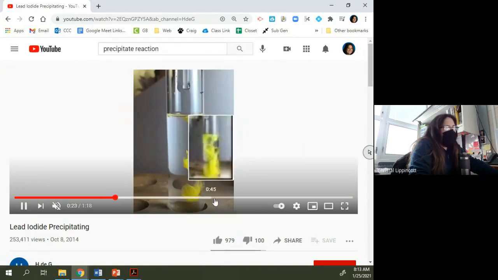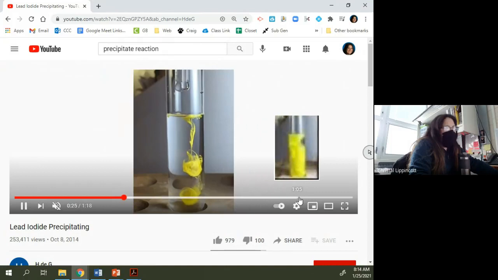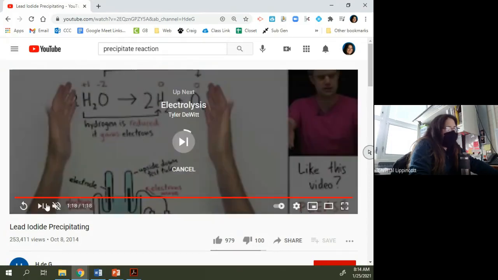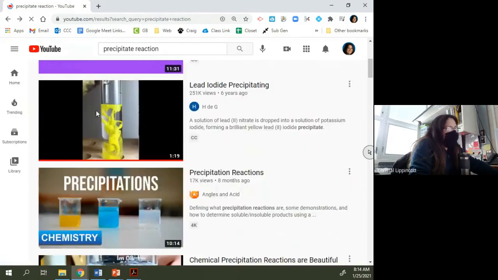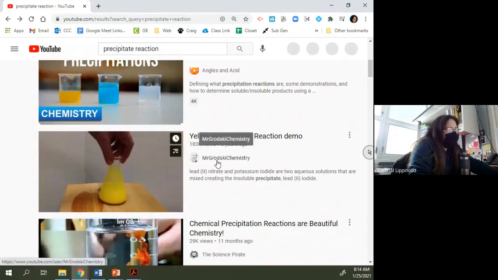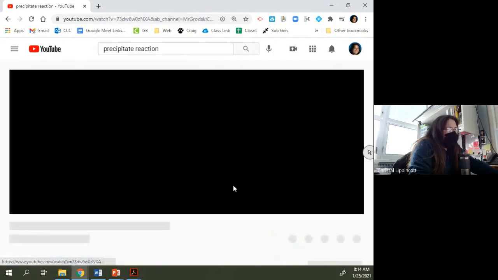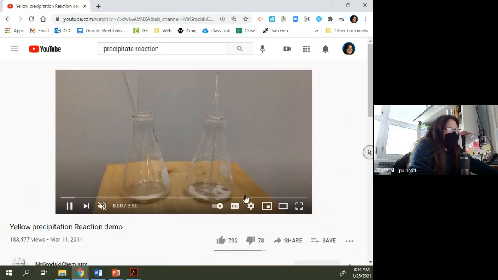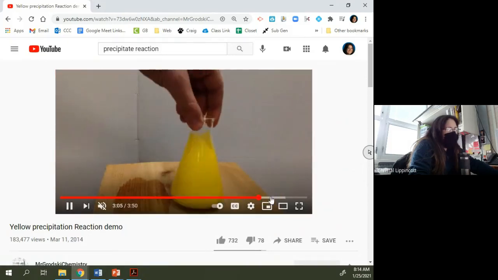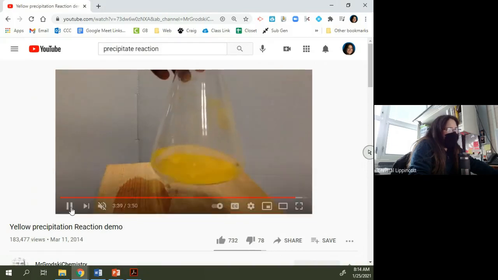Okay. And is this the one where they centrifuge it? And you can see it later. If you let it sit for a long period of time, you're able to see that. So here's one. There are the two clear liquids and they mix them together. You end up with this. And a lot of times they'll let it settle.